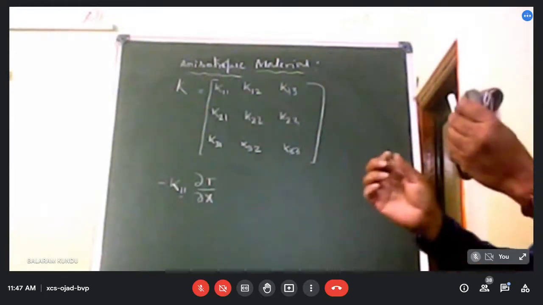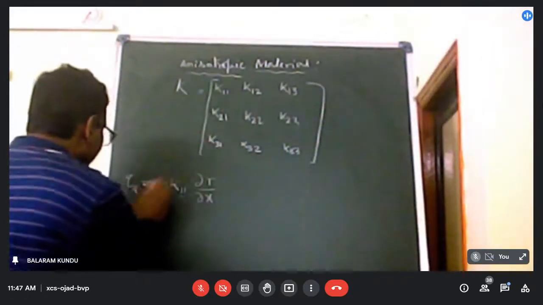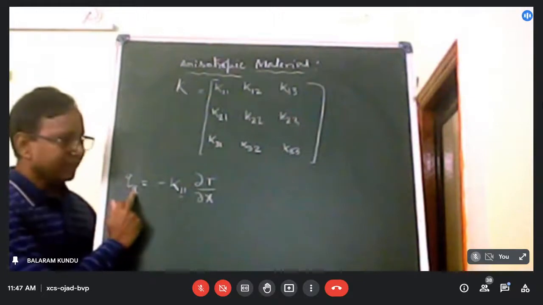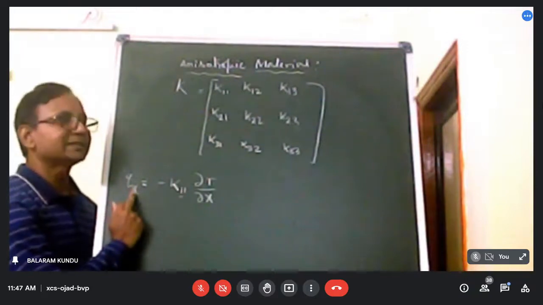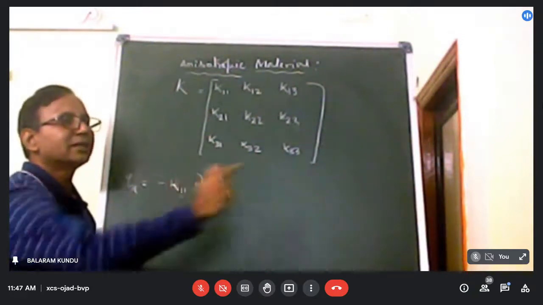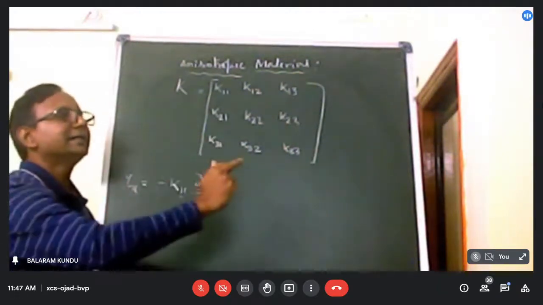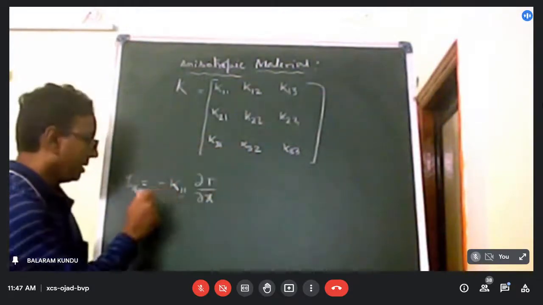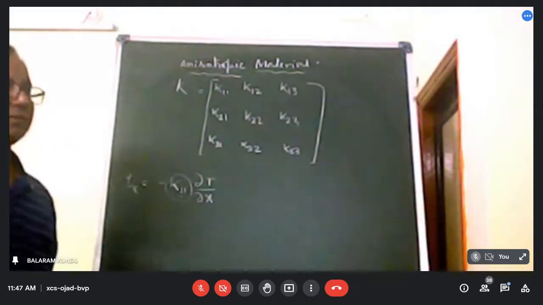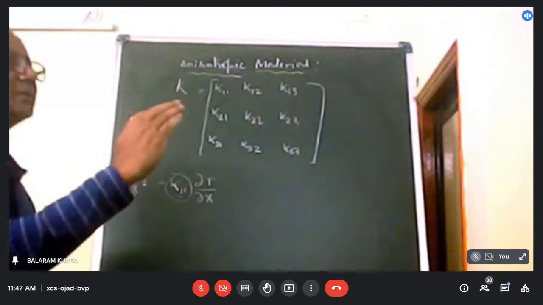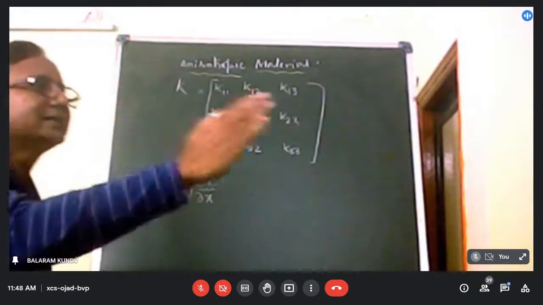If we write it in a better way, q suffix x means the component of heat flux in the x direction. Small q represents the heat flux, and suffix x means in the x direction, in the one direction. So for the thermal conductivity K11, the heat flux occurs in the x direction.